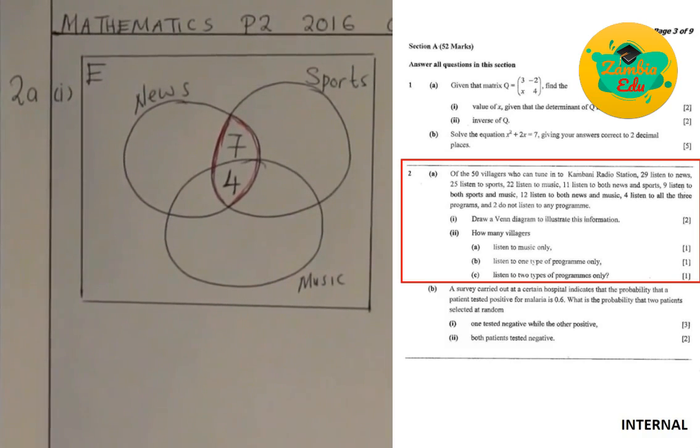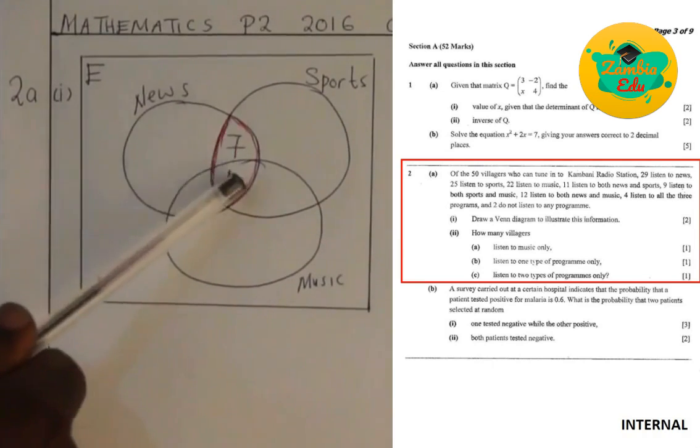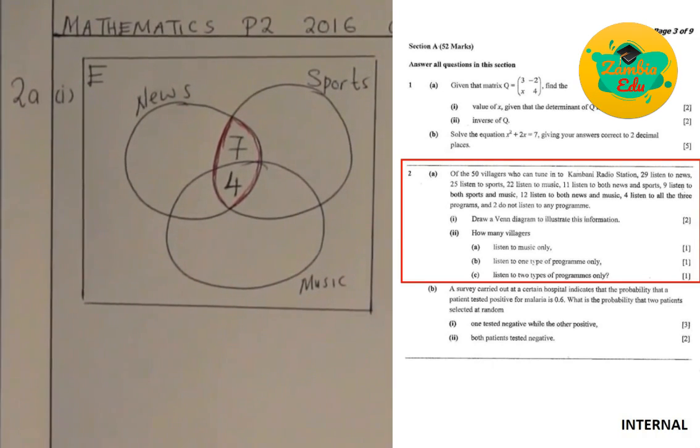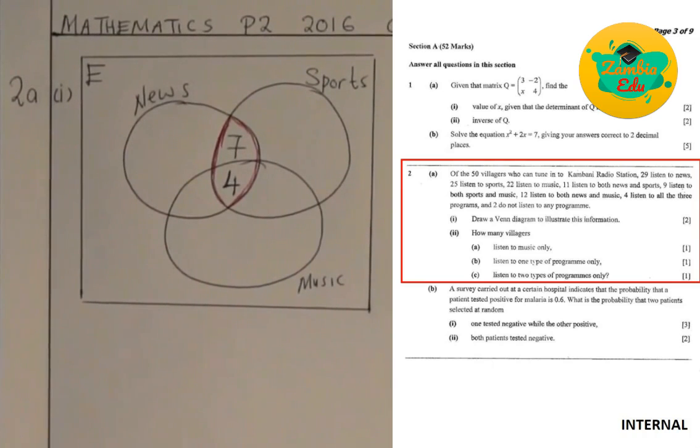And when we add 7 plus 4, it will give us a total of 11 for those that listened to both news and sports.